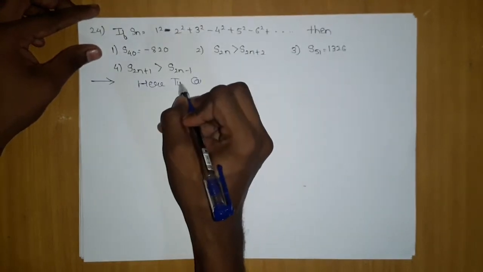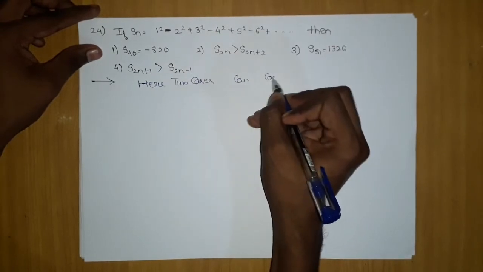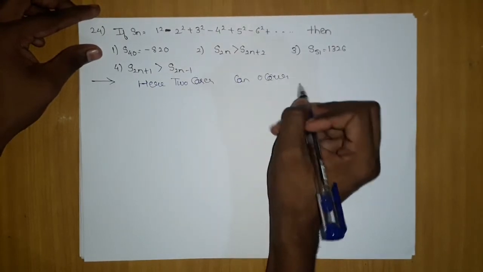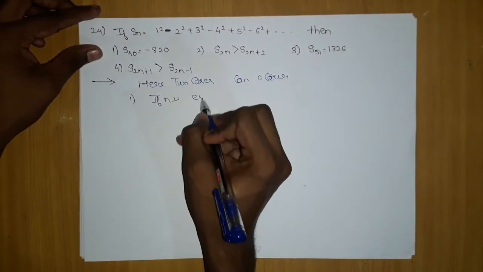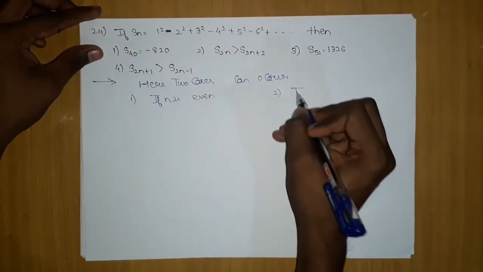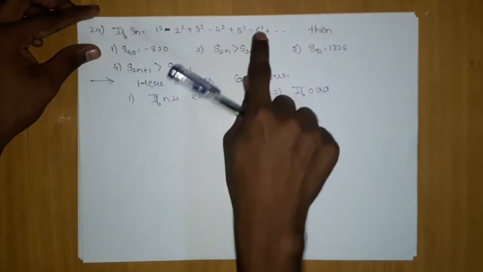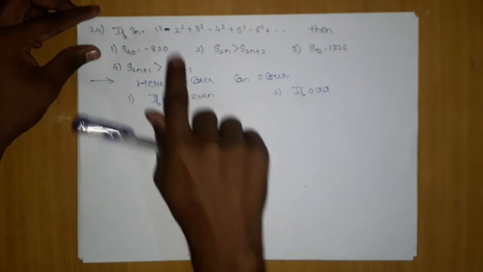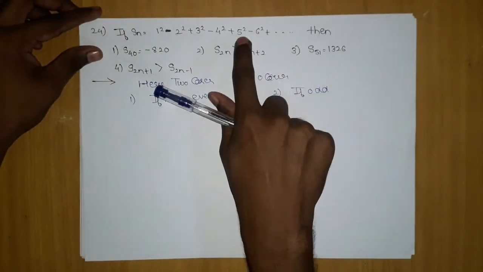First, if n is even. Second, if n is odd. If you observe very clearly, all the even terms have a negative sign. If my last term is even, then it will have a negative sign, while if my last term is odd, then it will have a positive sign.